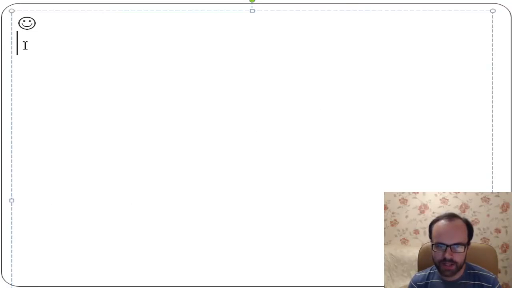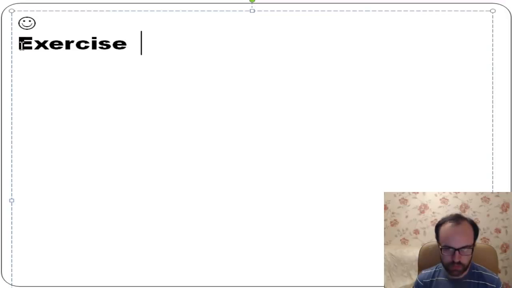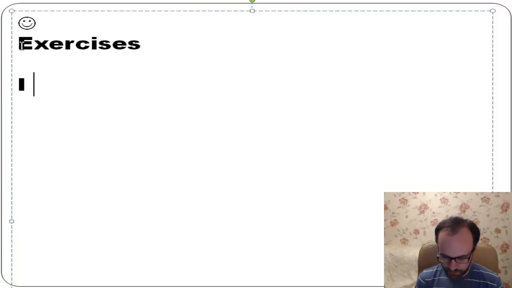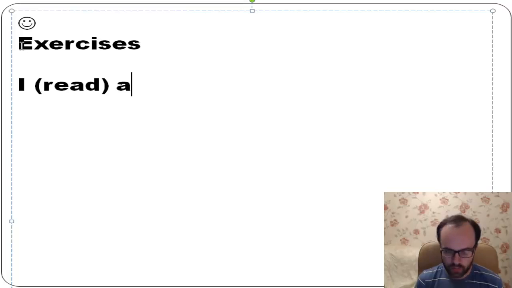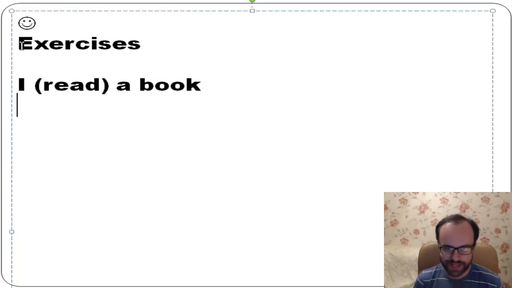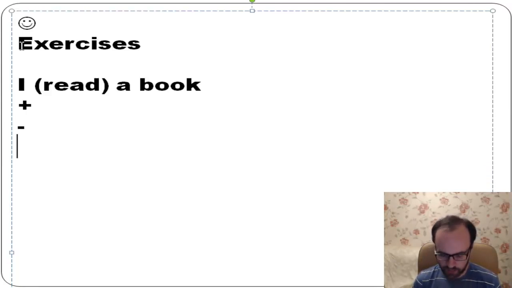Okay, exercises. So, I, next, read a book. Say it in present continuous, in a statement, in a negative form, and in a question.